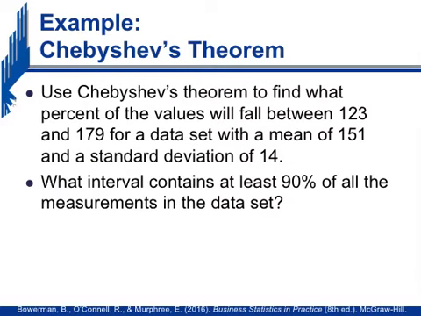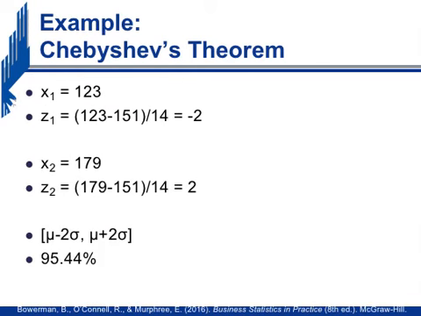So for example, if you were asked to use Chebyshev's theorem to find the percentage of values that fall between 123 and 179 for a dataset with a mean of 151 and a standard deviation of 14, we can use the formula shown earlier to answer that question. So again, the interval given to us is 123 to 179.